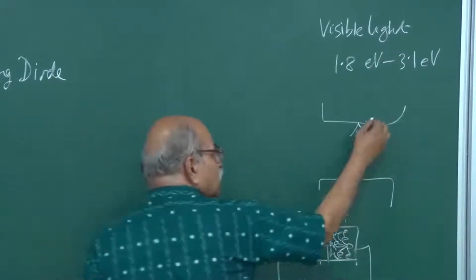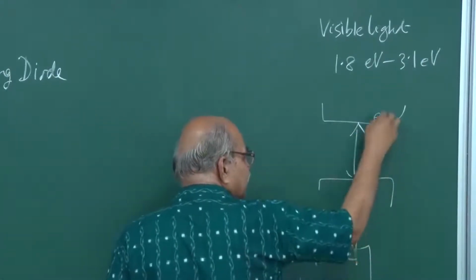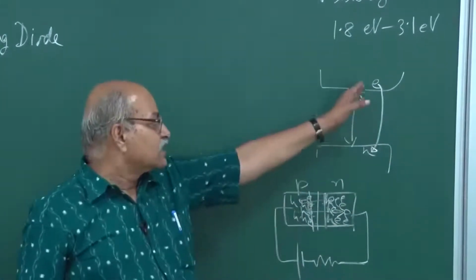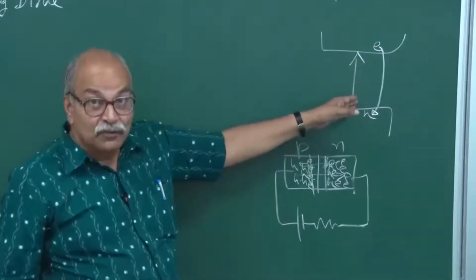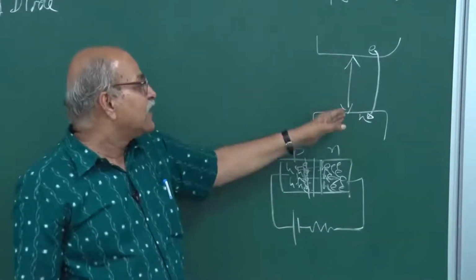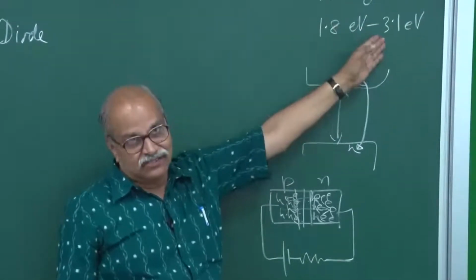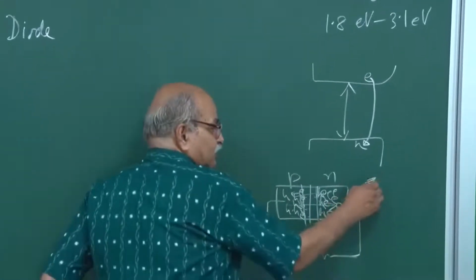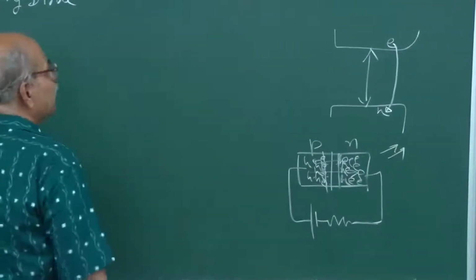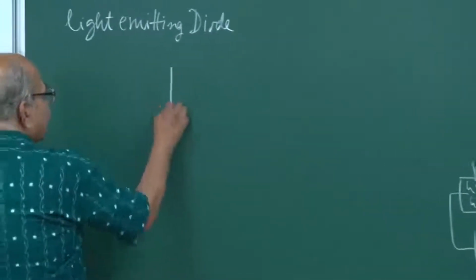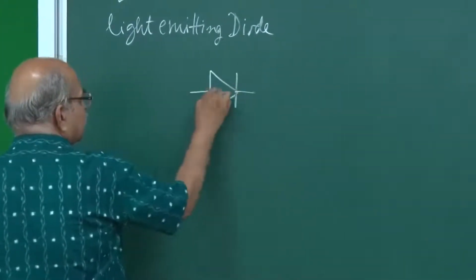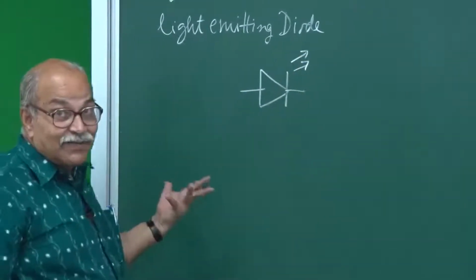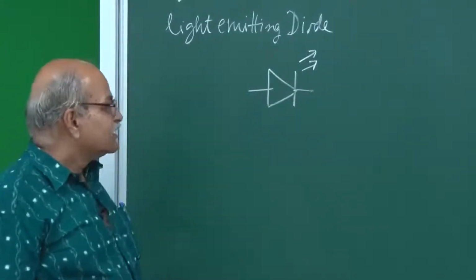So, if an electron and hole recombine, if the electron falls from the conduction band to this valence band, and if this extra energy is released in the form of a photon, and if this band gap happens to be somewhere in this range, what you will find is light is emitted from here. So, the symbol of this LED is also, you have this normal symbol of PN junction and then two arrows showing that light is emitting. So, that is the symbol of light emitting diode.